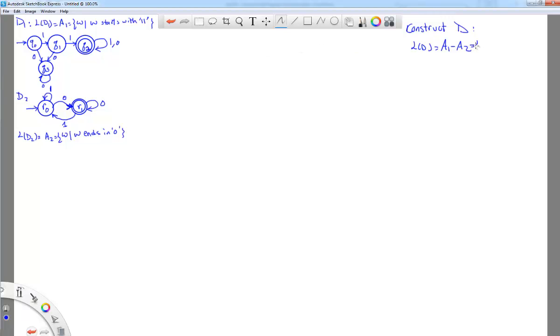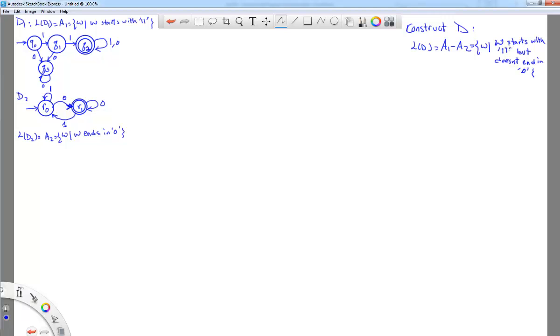So it's going to be the set of all these W's such that W starts with 1 1 but doesn't end in 0. Okay, so effectively that set is the equivalent of the subtraction of these two sets, or the relative complement, the set A sub 1 minus A sub 2.